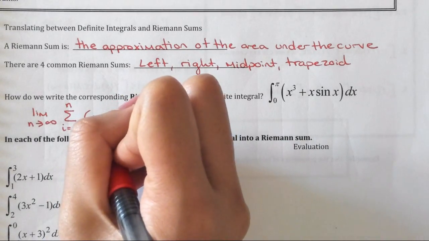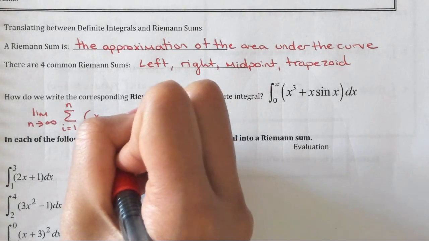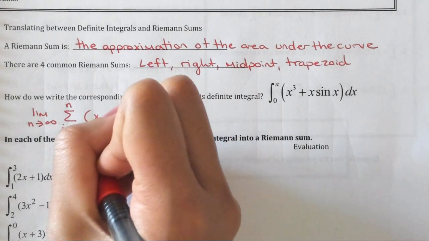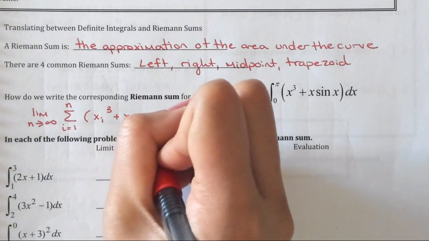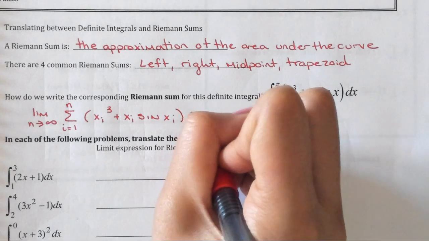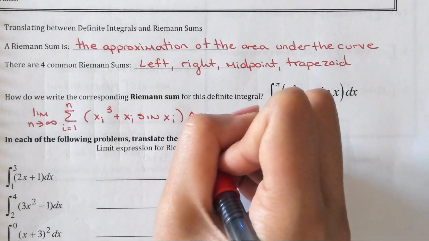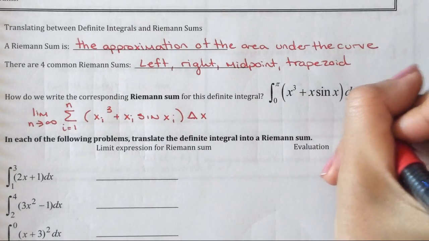Remember, the area of a rectangle is the height. So this is the height at whatever rectangle you're at, times your delta x, which is your change in x, the width of your rectangle. And that's what this dx is for.